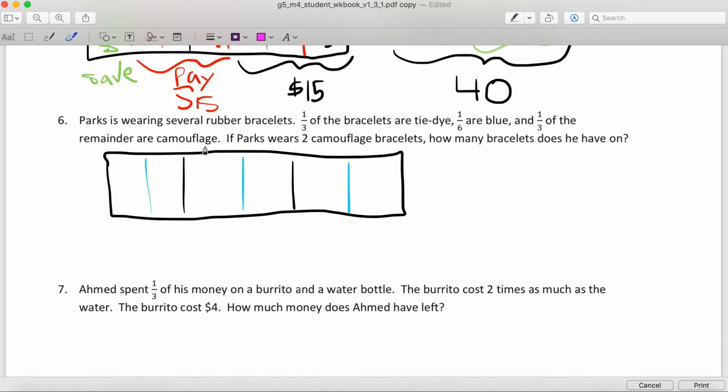This is one third, and this is one third. So one third are tie dye, which means I'm going to shade this whole part. If I shaded this whole part, how many sixths is that? That's 2/6. You know that. All right, so one third are tie dye.